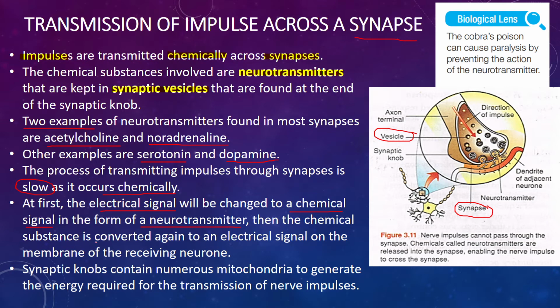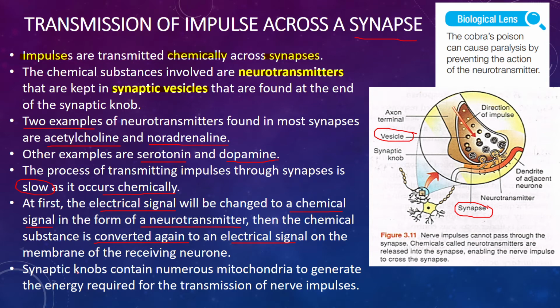Then the chemical substance is converted again to an electrical signal. Okay, notice here, converted again, electrical signals on the membrane of the receiving neuron. Okay, ada membrane di sini. So conversion happens here on the receiving neurons, this membrane that we are talking about.